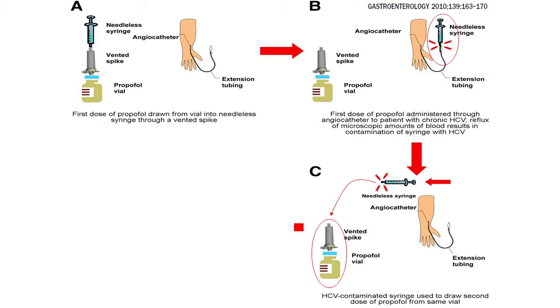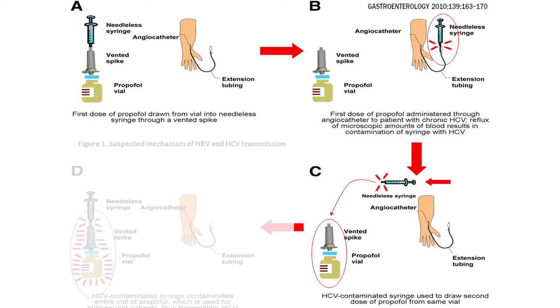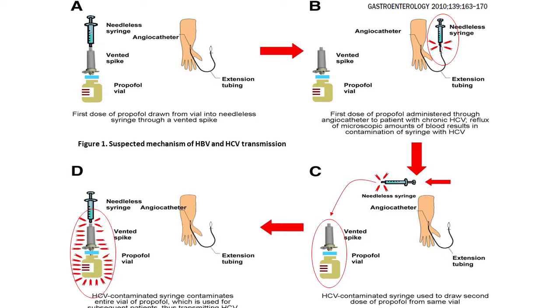The HCV-contaminated syringe then contaminates the entire vial of propofol used for subsequent patients and is responsible for transmitting HCV to subsequent patients. And again, as shown in previous slides, the HVR1 quasi-species from the source patients and those from the patients who received propofol from the same vial clustered together, indicating transmission of hepatitis C through this mechanism.